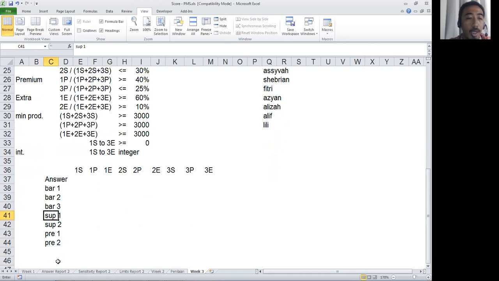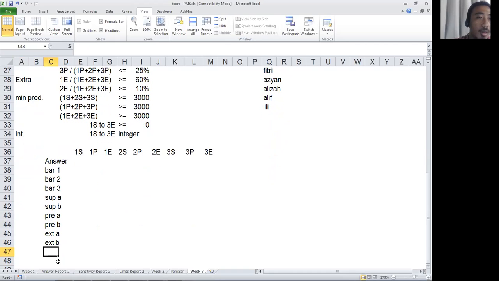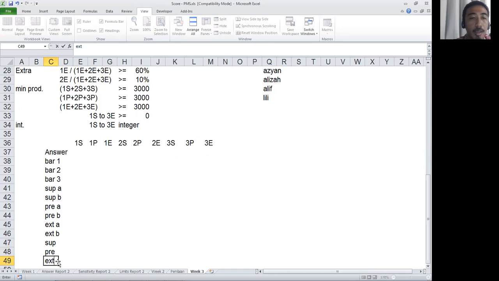Not 1, 2, maybe A and B. A and B constraint, A and B constraint, and then extra A, extra B. Okay, correct? And then for the minimum production, it means sub, pre, and X. Okay, now fulfill this number.